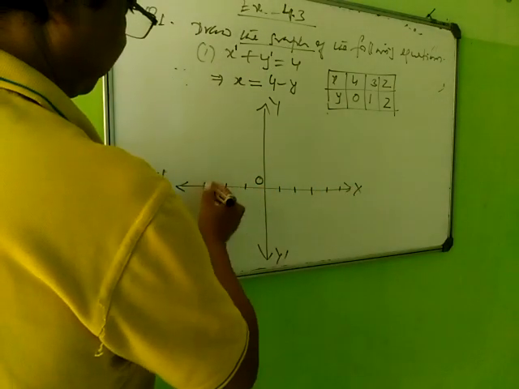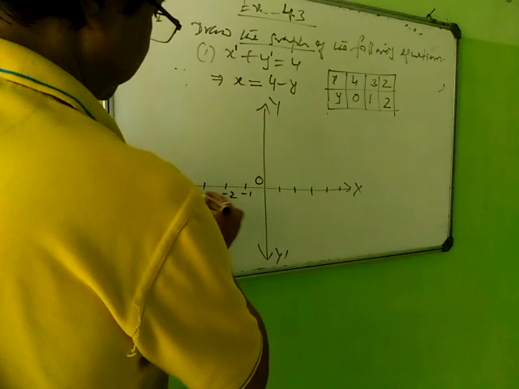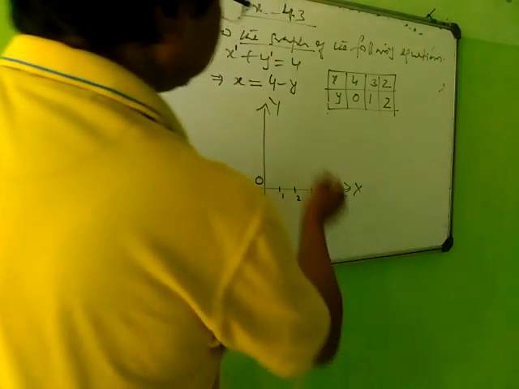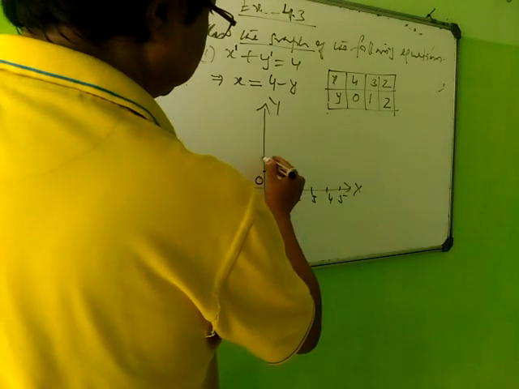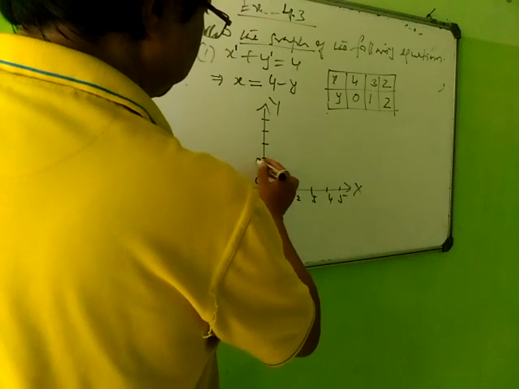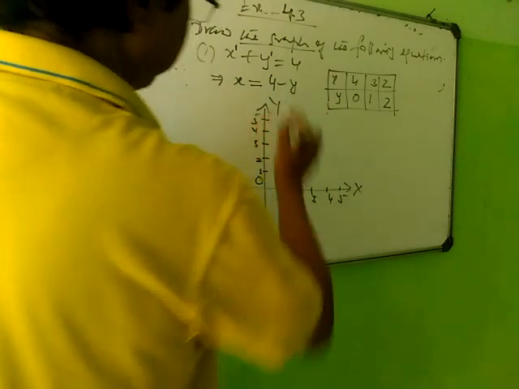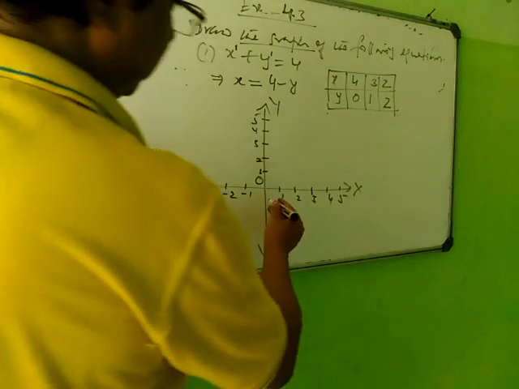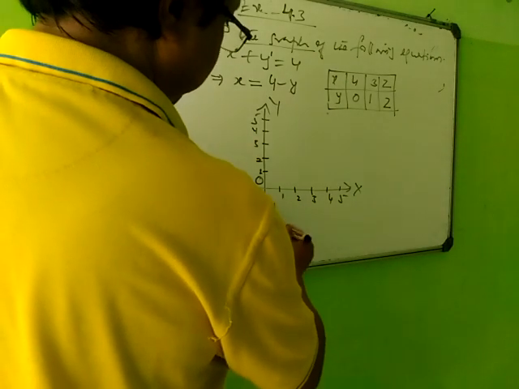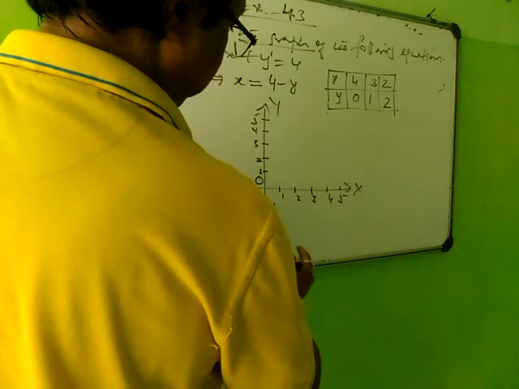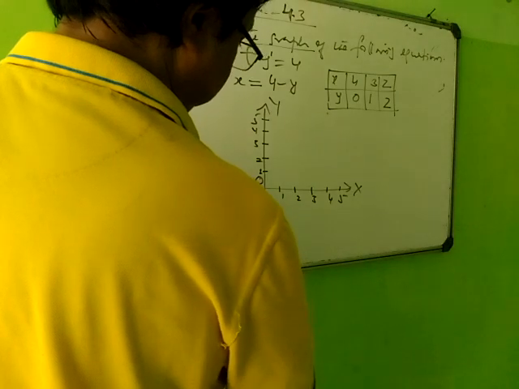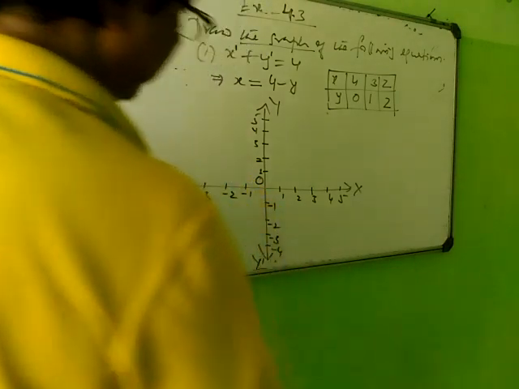Say it is minus 1, minus 2, minus 3, 1, 2, 3, 4, 5. Then here say it is 1, 2, 3, 4, 5. Now here also say it is minus 1, minus 2, minus 3, then minus 4, and then y dash.